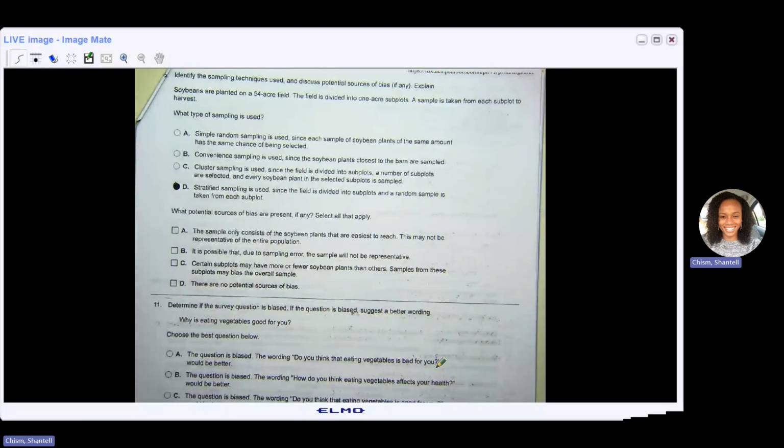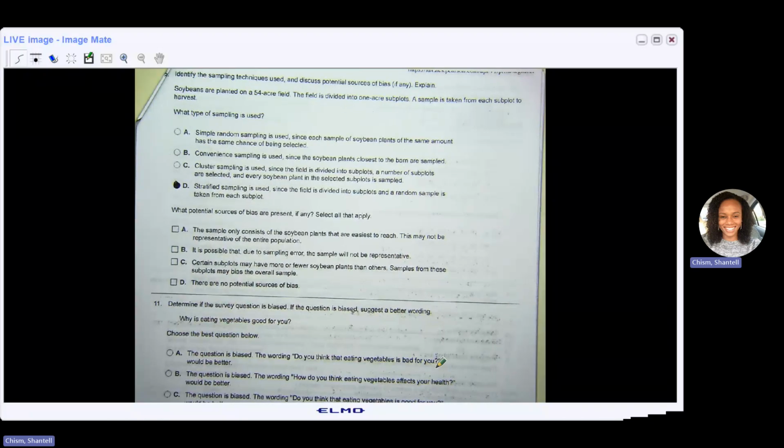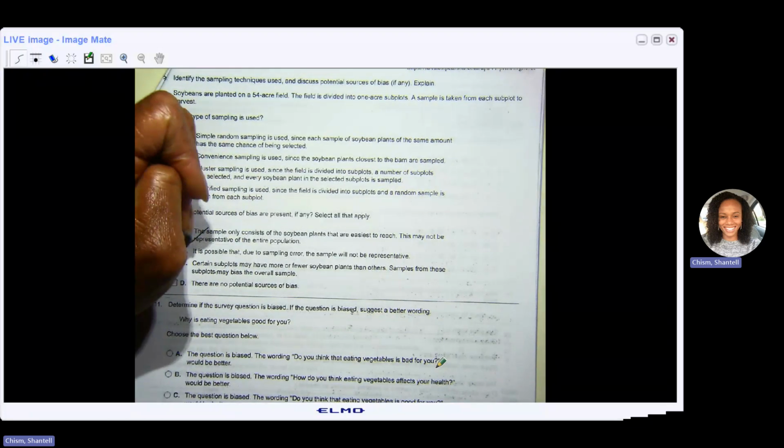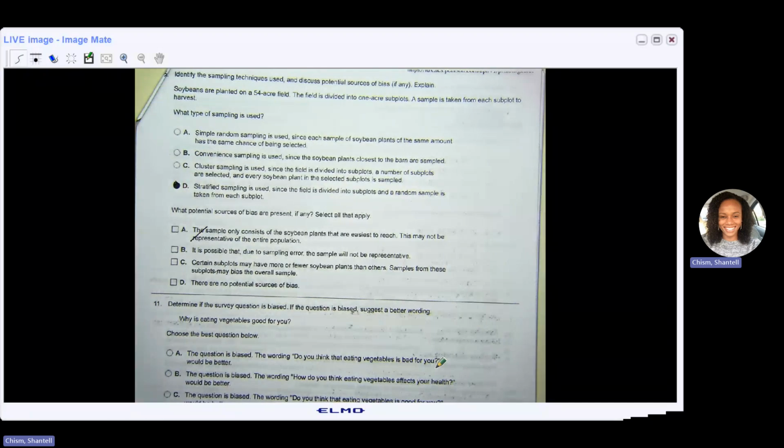Okay? Again, you will have bias automatically when you are sampling. So let's see. A says the sample only consists of soybean plants that are easiest to reach. No, that's convenience. B says it is possible that due to sampling error, the sample will not be representative. No, there's no issue with a stratified sample.